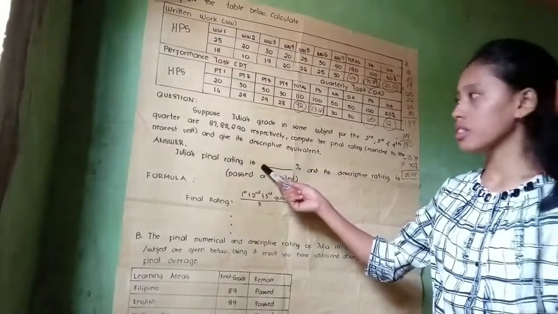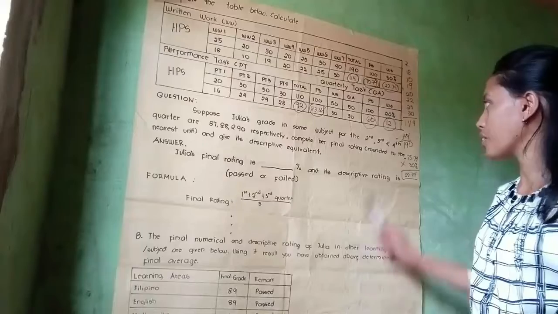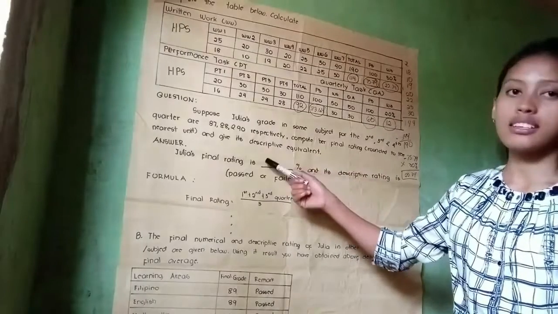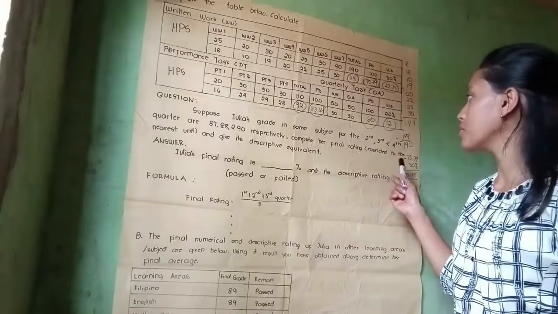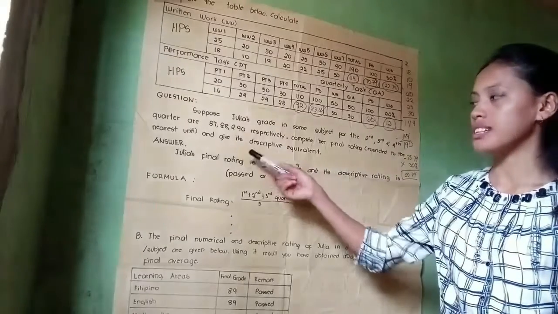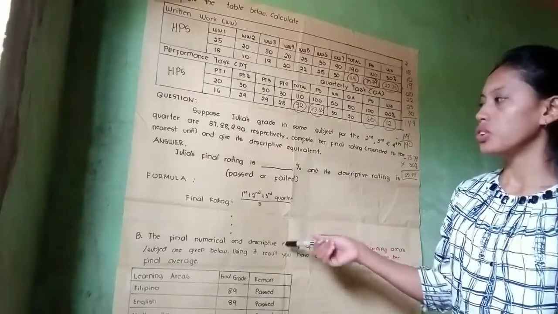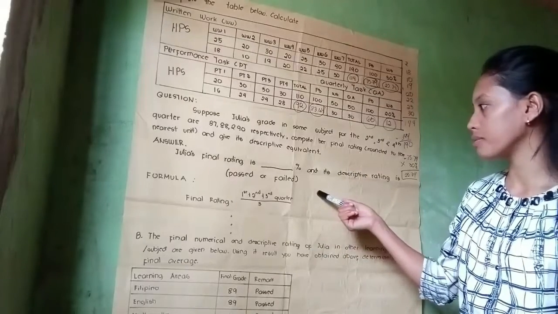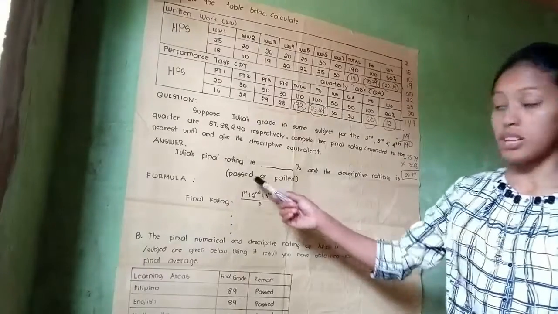The question is, suppose Julia's grades in the same subject for the second, third, and fourth quarters are 87, 88, and 90 respectively. Compute her final rating rounded to the nearest unit and give its descriptive equivalent. So Julia's final grade is blank and its descriptive rating is pass or fail.